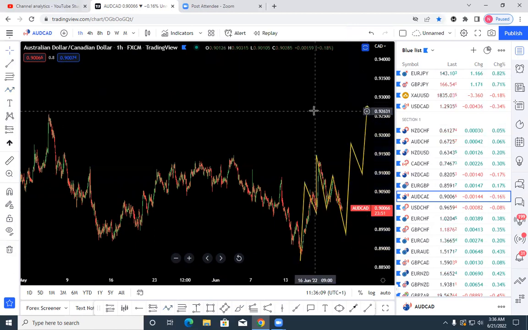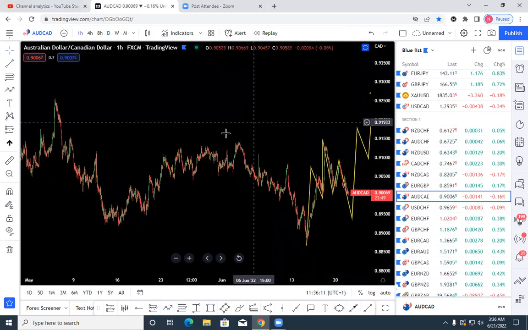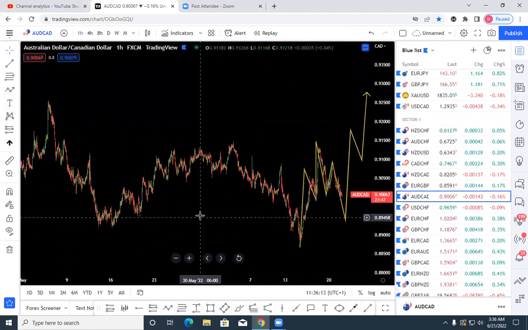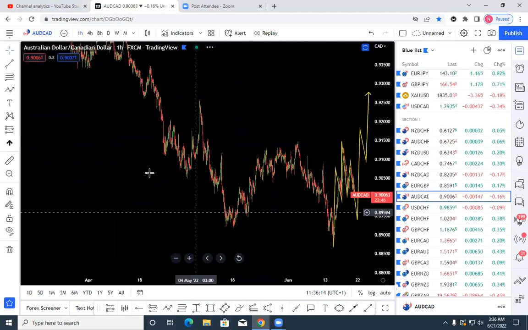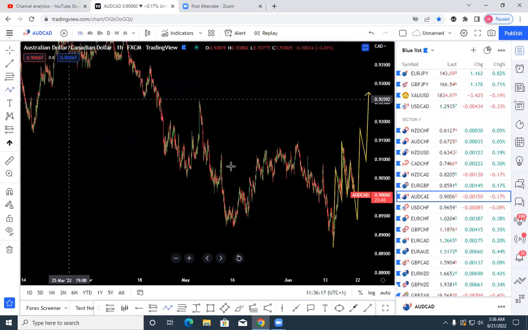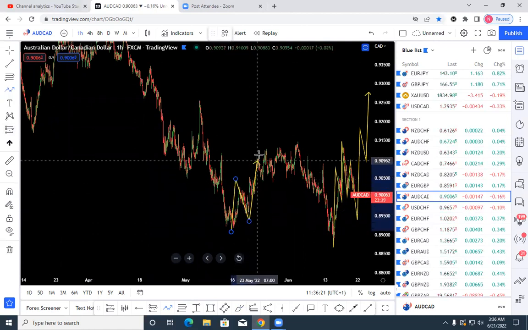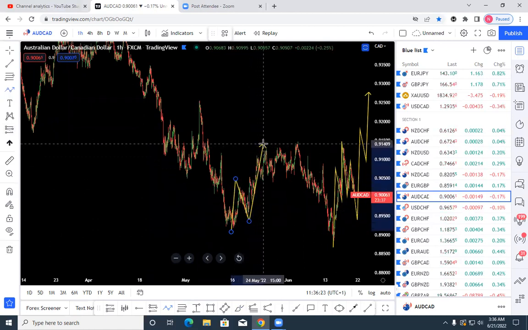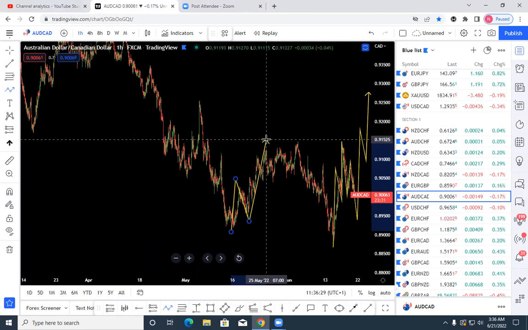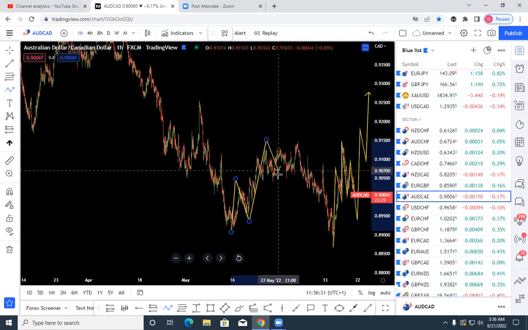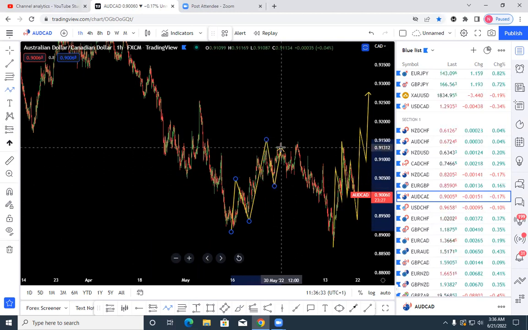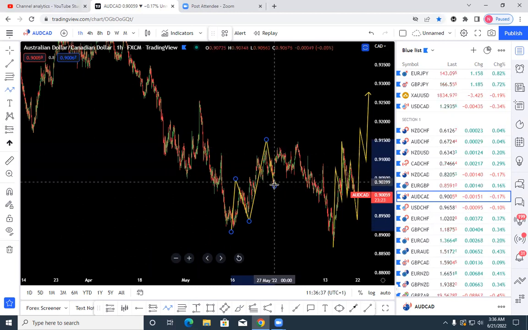By the time we make these 3 waves up, guys, to form WXY structure. And how do I come with WXY structure, guys? This is 1, 2, and 3. Okay, this 1, 2, and 3. No. Hold on, guys.